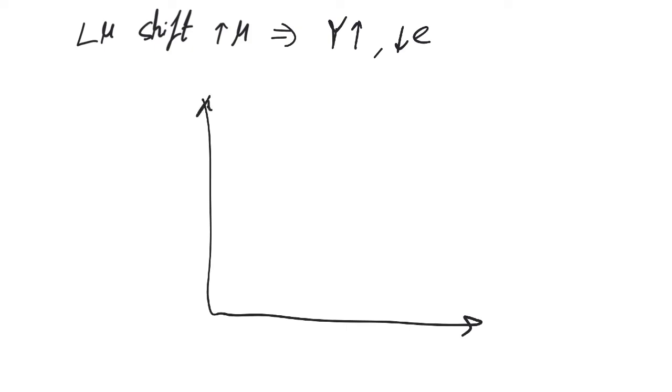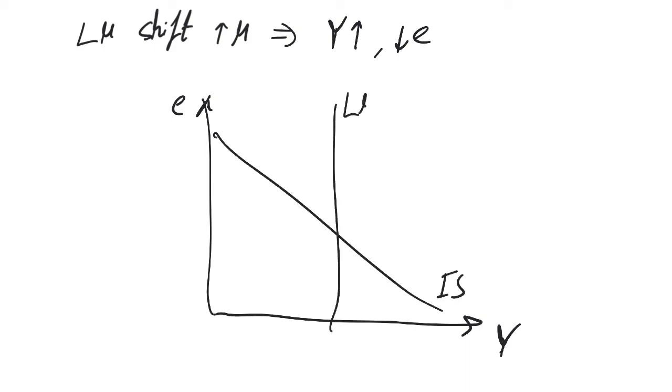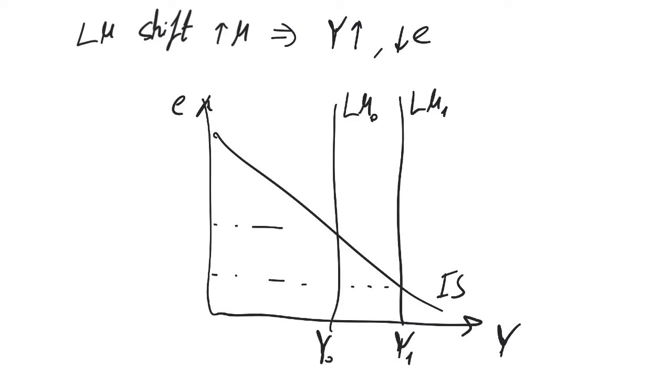So again, using the same diagram, if we shift the LM curve over here, we get a new equilibrium of bigger output, lower interest rate, and lower exchange rate. So this is the first option, the option of floating exchange rate.